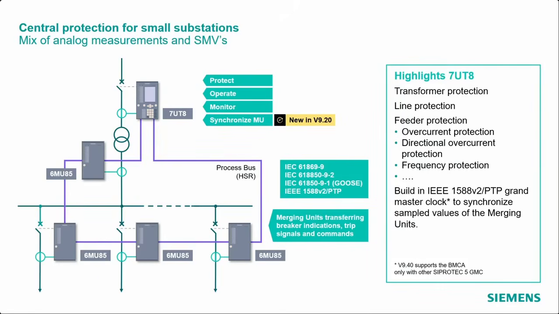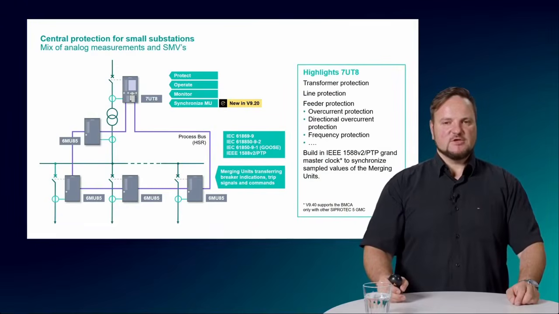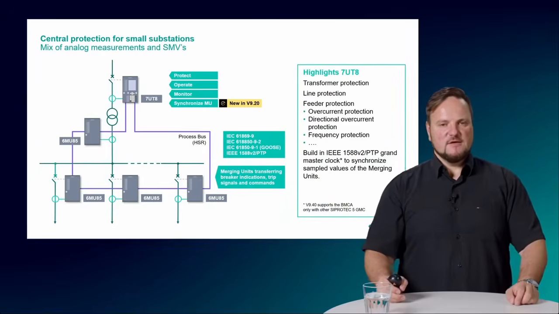And here especially we have also a mixed application, where we measure the currents on the high voltage side directly via copper. That means the device is directly connected to the current transformer, and on the upstream side of the transformer, because of the sometimes long distance between the devices, we have merging units located close to the process, and they send the sampled measured values directly to the server.